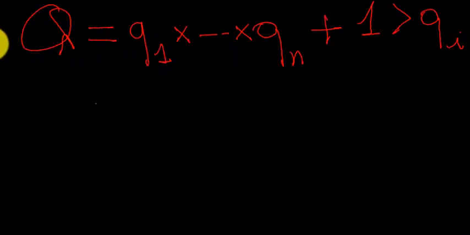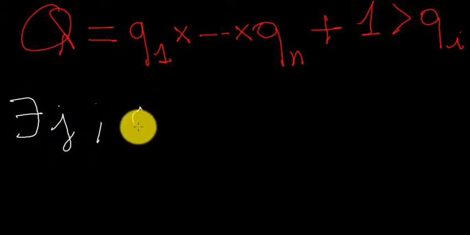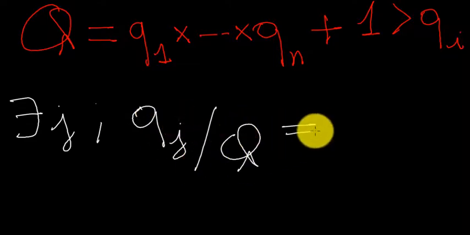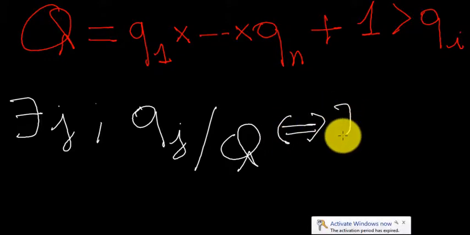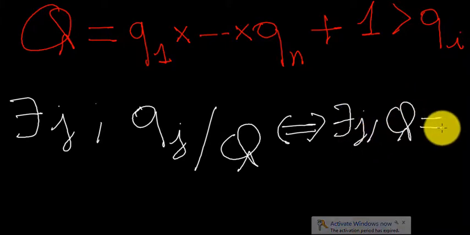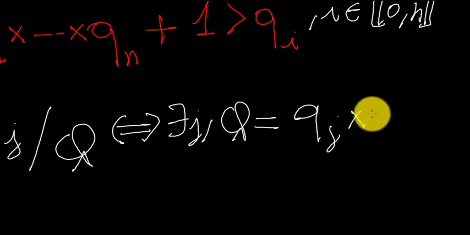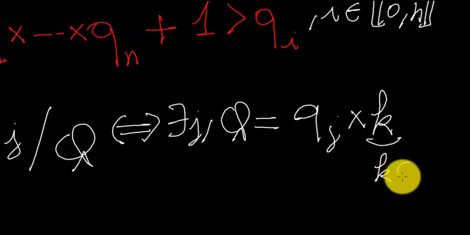So let's assume that there is a j such that Qj divides Q, which is equivalent to Q equal to Qj times a certain number k, with k an integer which is not equal to 0.